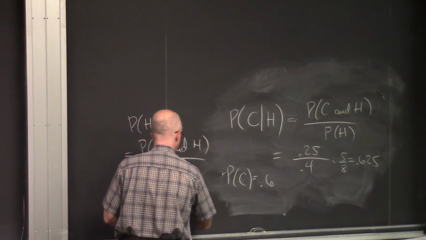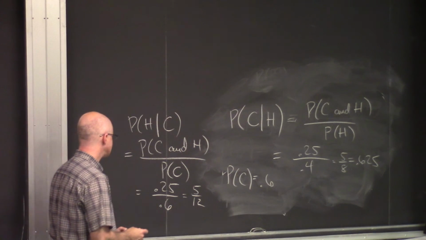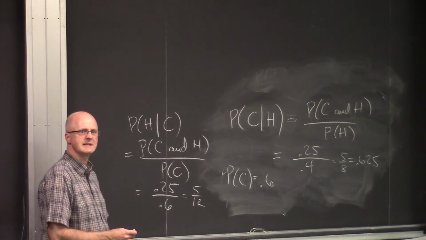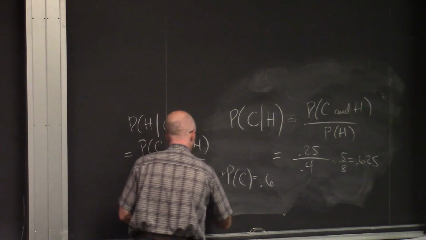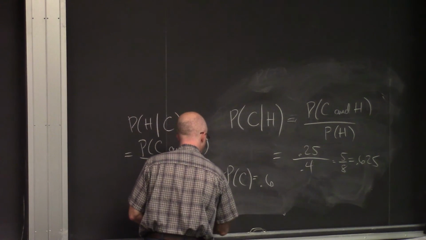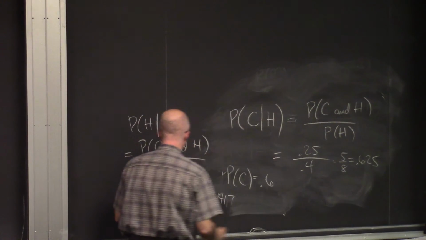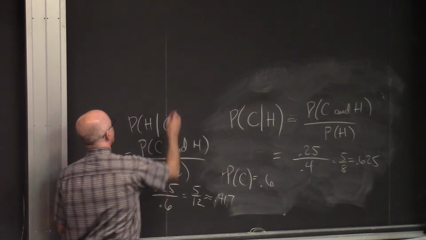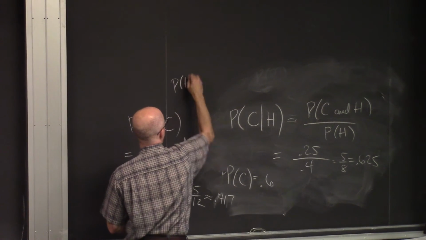This reduces to 5/12, which is about 0.4167, or 0.417. That is her probability of getting into Harvard if she knows she's been admitted to Caltech, which is different than the ordinary probability of getting into Harvard.